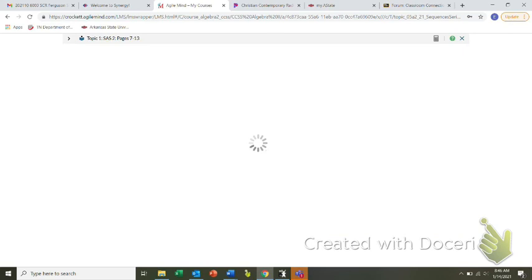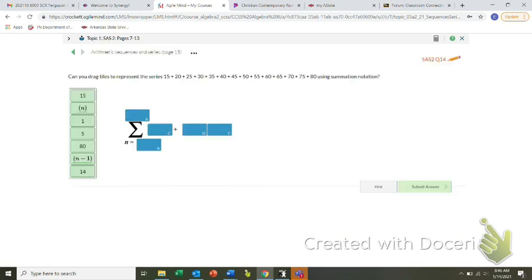All right, let's move to 14. Drag the tiles to represent the series. So make sure you have this written on your paper. All right, so up top, it's the number of terms you are given. Down here, you are starting with the first term.